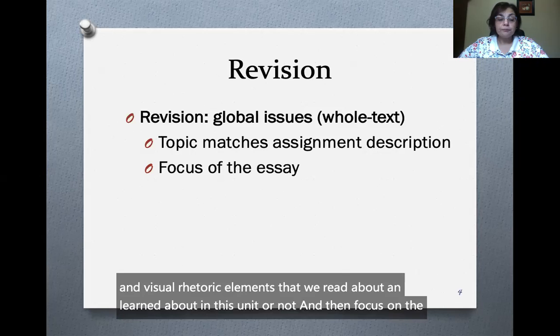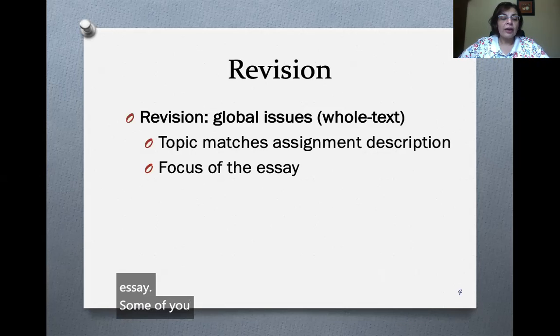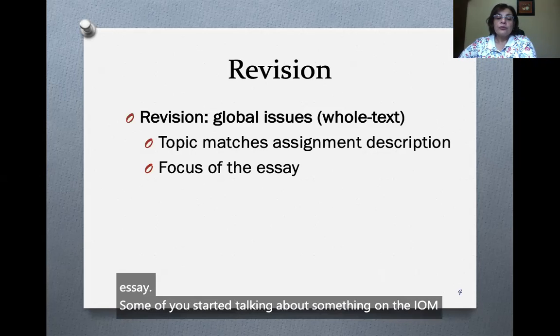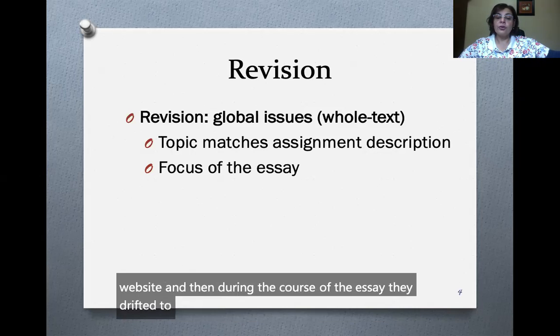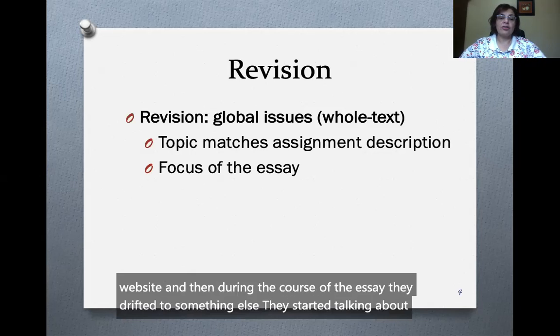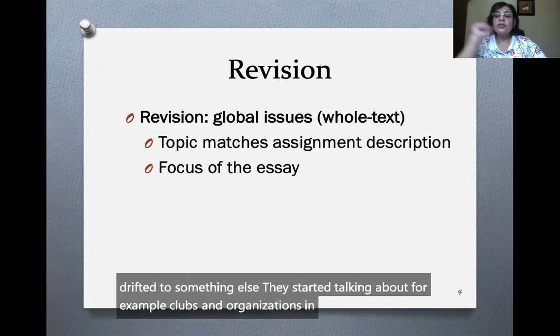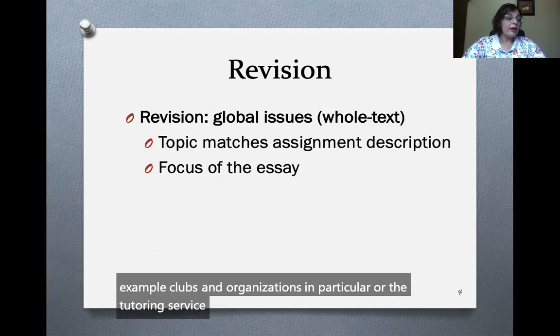Some of you started talking about something on the AUM website, and then during the course of the essay, you drifted to something else. You started talking about, for example, clubs and organizations in particular, or the tutoring service at WASC, or the events that happen at the Nest.